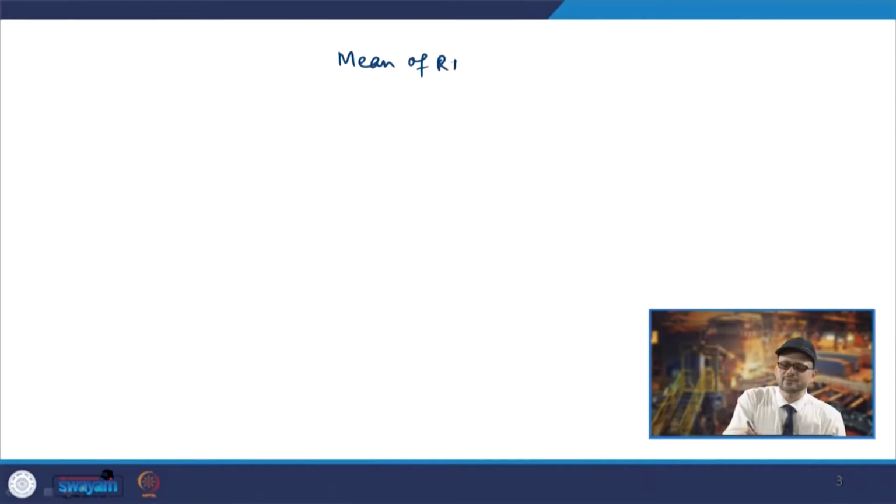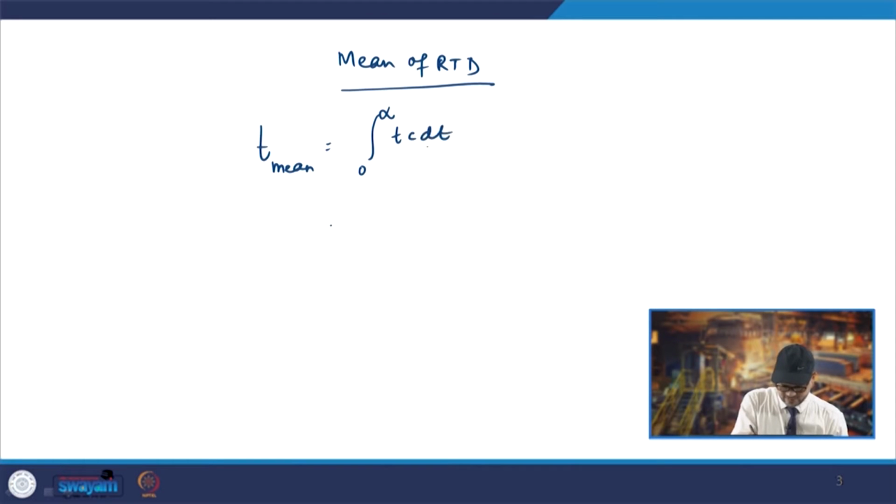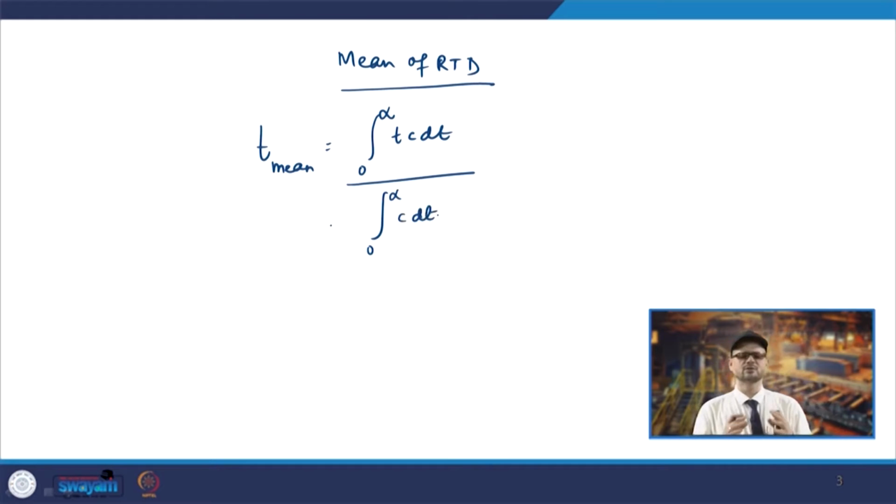That can be found by an expression, which you will write as T mean. T mean will be the integral from 0 to infinity of T c dt, divided by the integral from 0 to infinity of c dt. As you know, on the abscissa you have the time axis, and on the ordinate the concentration axis.